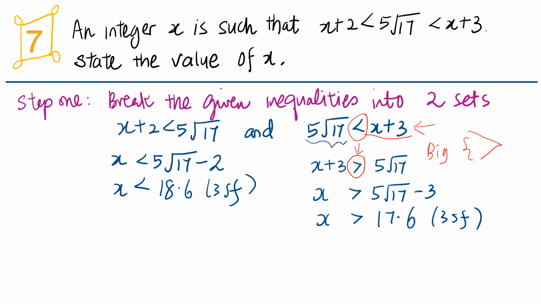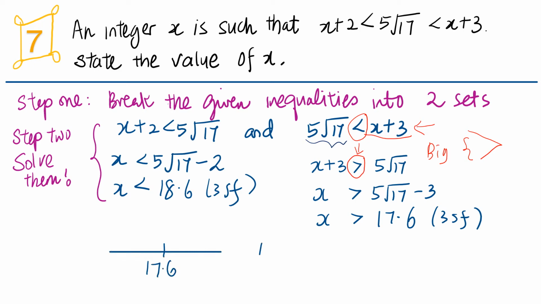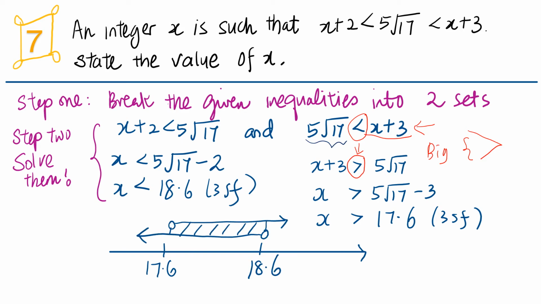Then what is step number 2? Step number 2 is just to solve them, and we've already done that. Step number 3 is to draw the number line. Take note that x is strictly less than 18.6, so we use an empty circle. And for this part, x is strictly greater than 17.6, so we also use an empty circle.